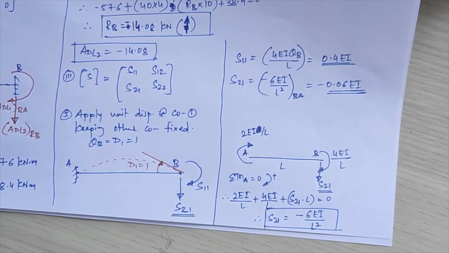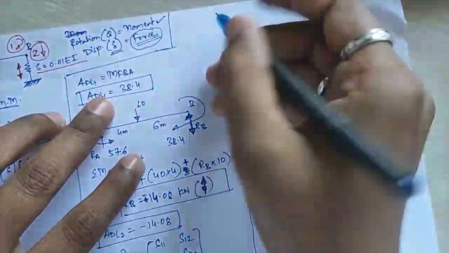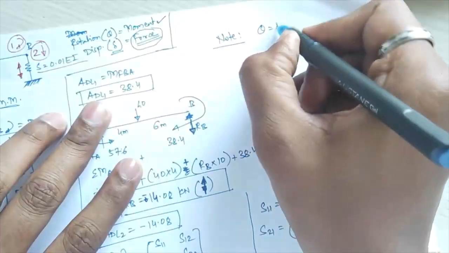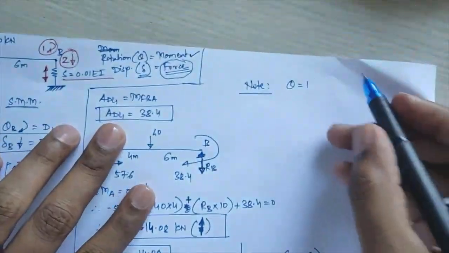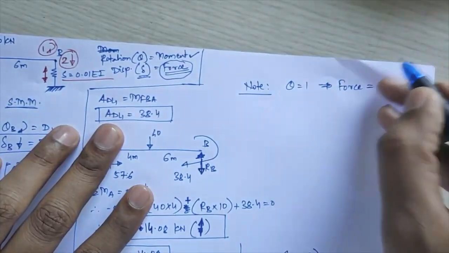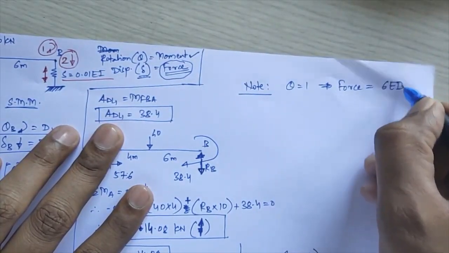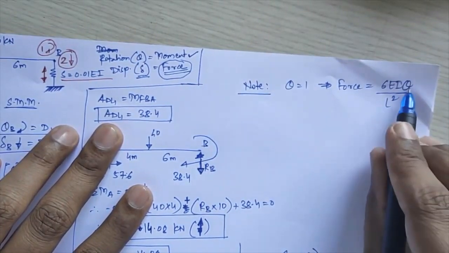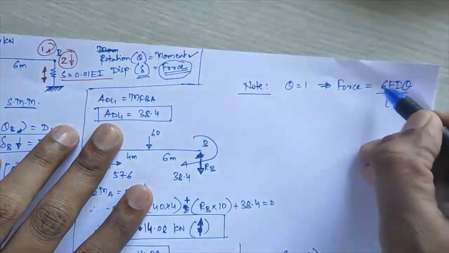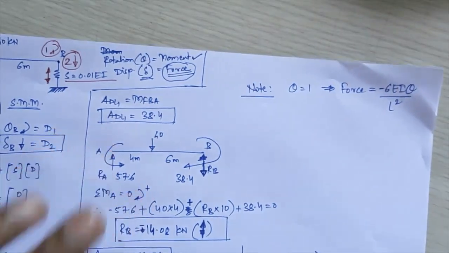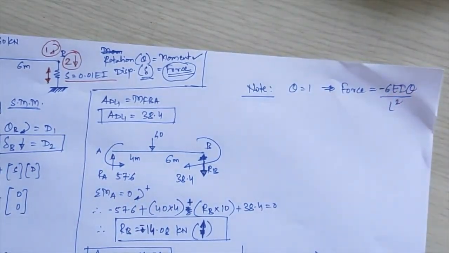Okay, so from this you can write one note. If you have theta equal to 1 and you are calculating the force value, that force value comes equal to 6EI theta upon L square, whereas theta is equal to 1 there, and mostly this value comes negative. So minus 6EI upon L square will be the value of that force.